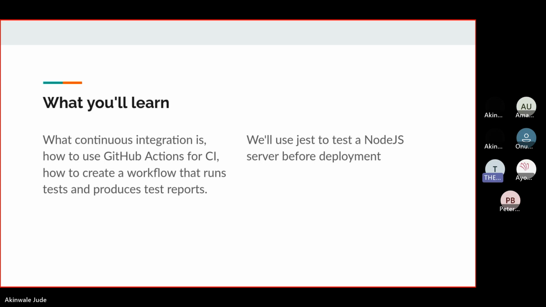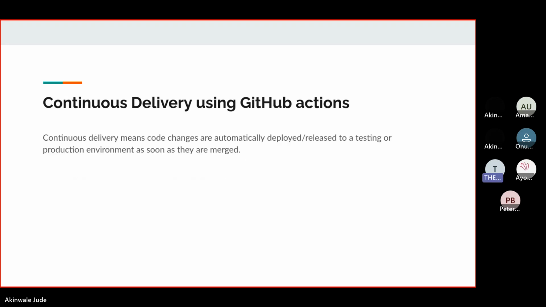We'll be using a small Node.js server to demo this. For this, I'm going to be taking continuous integration and continuous delivery together. So after this, we'll have a demo of that.